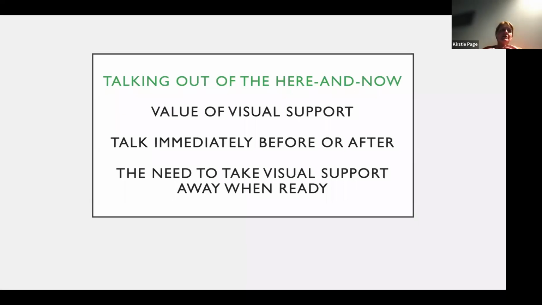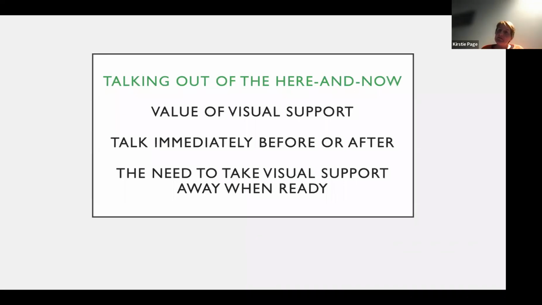But I also need to have my eye on the ball of children talking for different purposes, talking to different people. Who do they talk to? Do they just come and talk to me all the time? Or do they talk to other adults and their peers all the time? I'm looking for not just the structure of your talk, but socially, how do you talk and why do you talk?